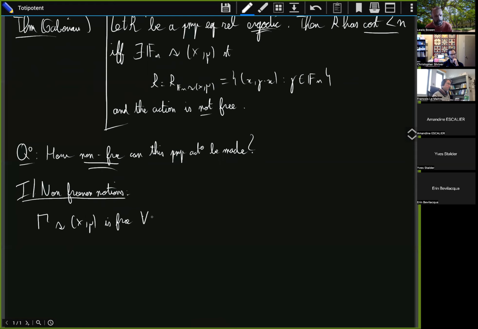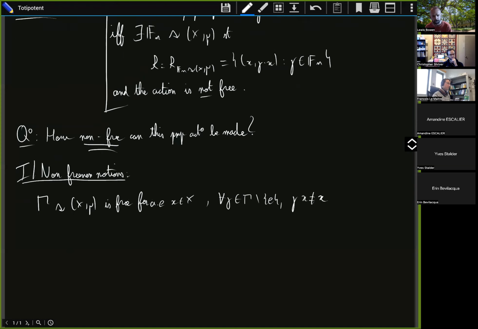One way of saying this is that for almost every x in X, and for all non-trivial group elements, gamma x is different from x. From this, you get that a better way of thinking about it is that the map which takes gamma to gamma acting on x is injective.